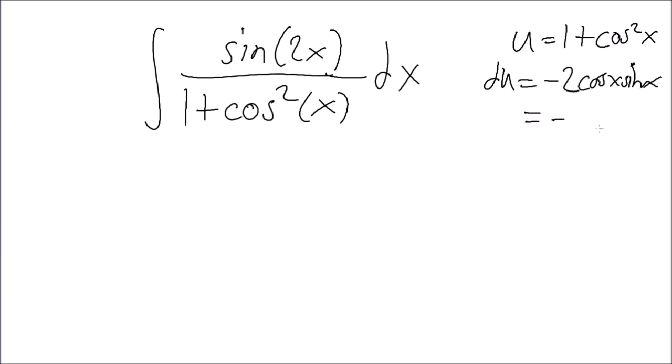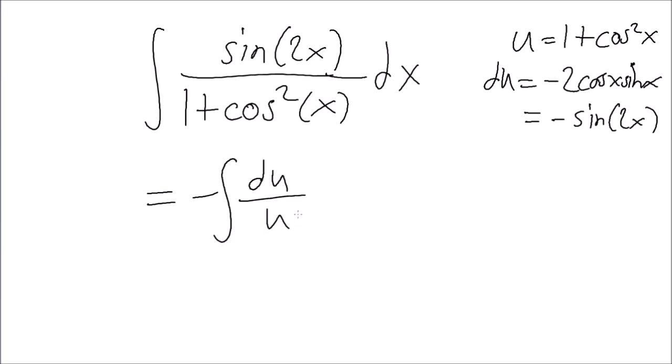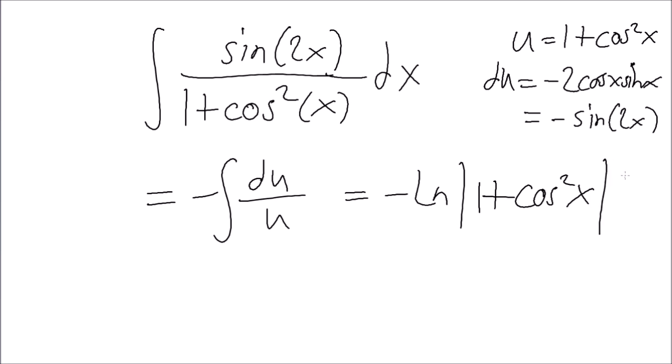And this is negative sine 2x. So here we went straight to the answer: negative ln of 1 plus cosine squared plus c. Okay, so that's a bonus. Very good derivative to memorize by heart.